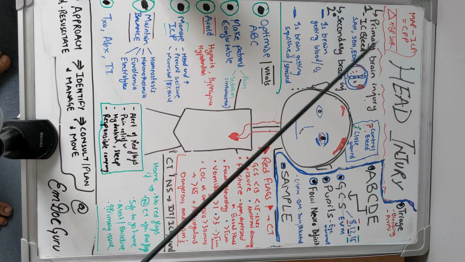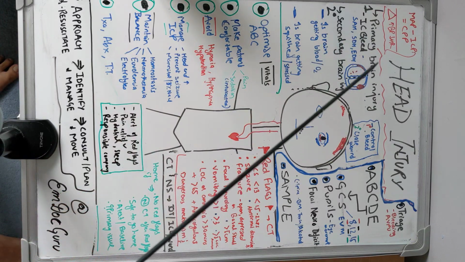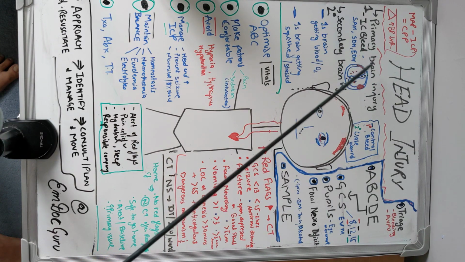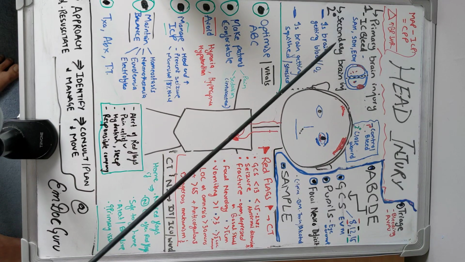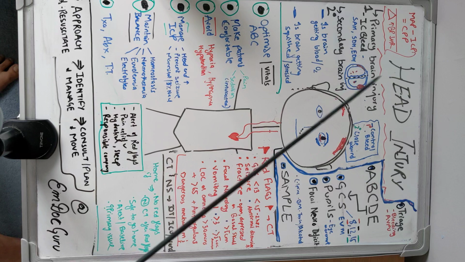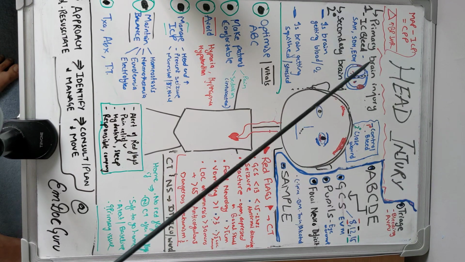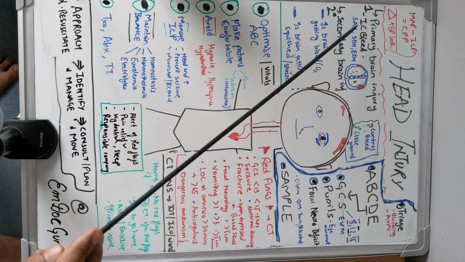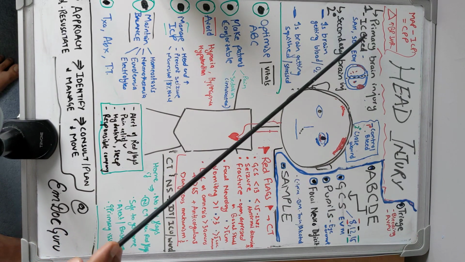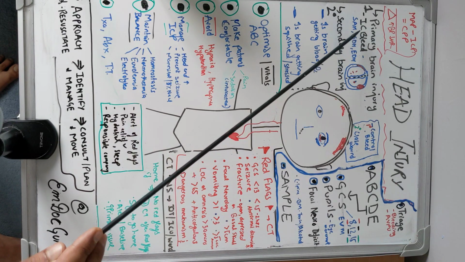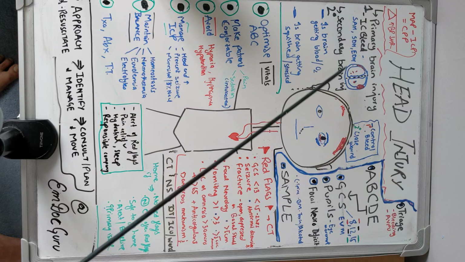But moving on to the CT scan, what did you do the CT scan for? To assess the impact of the brain injury. Now, coming to the point of brain injury, it is also classified as primary and secondary brain injury. Primary brain injury is the injury sustained by the brain because of the initial trauma or the force of the impact. On the CT scan, you are basically looking for any fractures, any intracranial bleed, or any midline shifts.